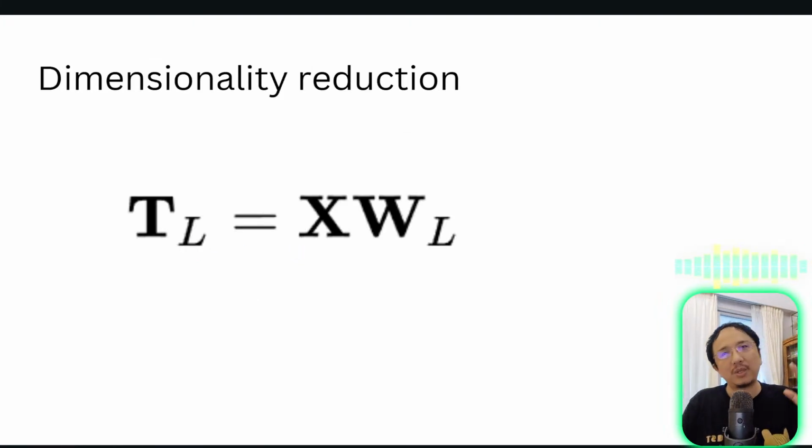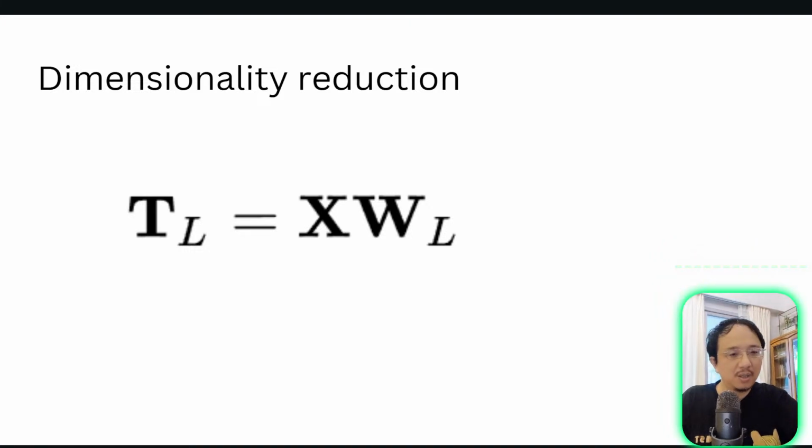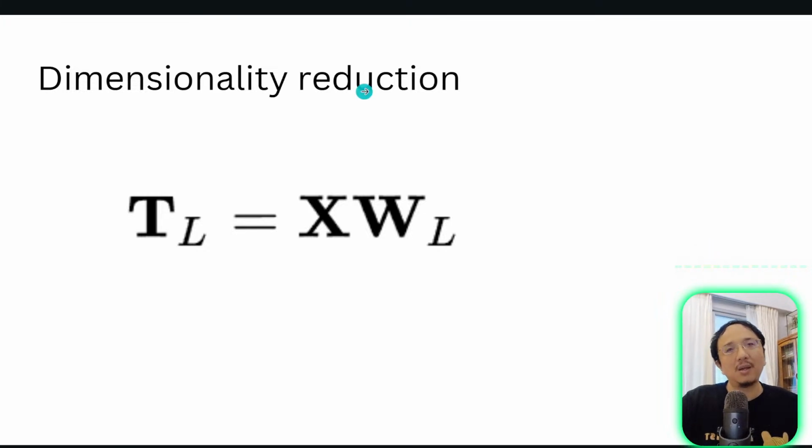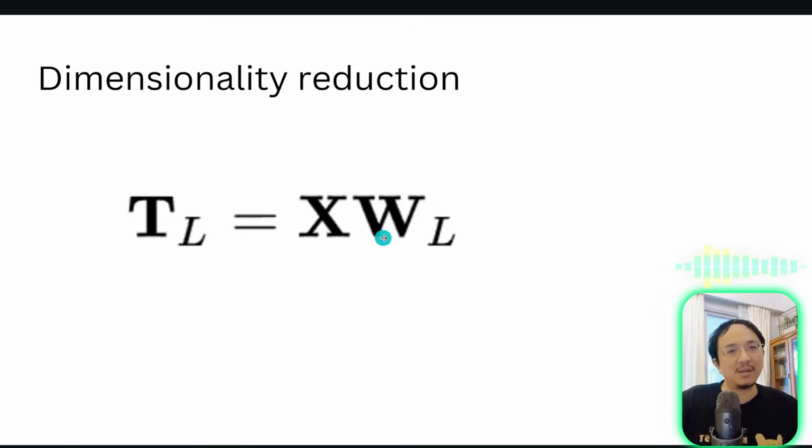So if we want to do a dimensionality reduction, we discard the least important things. We only keep the most important components. So we can pick a number, L. L is the limit. If L is 1, then we only keep the first principal component. And if L is 2, we pick the first two.